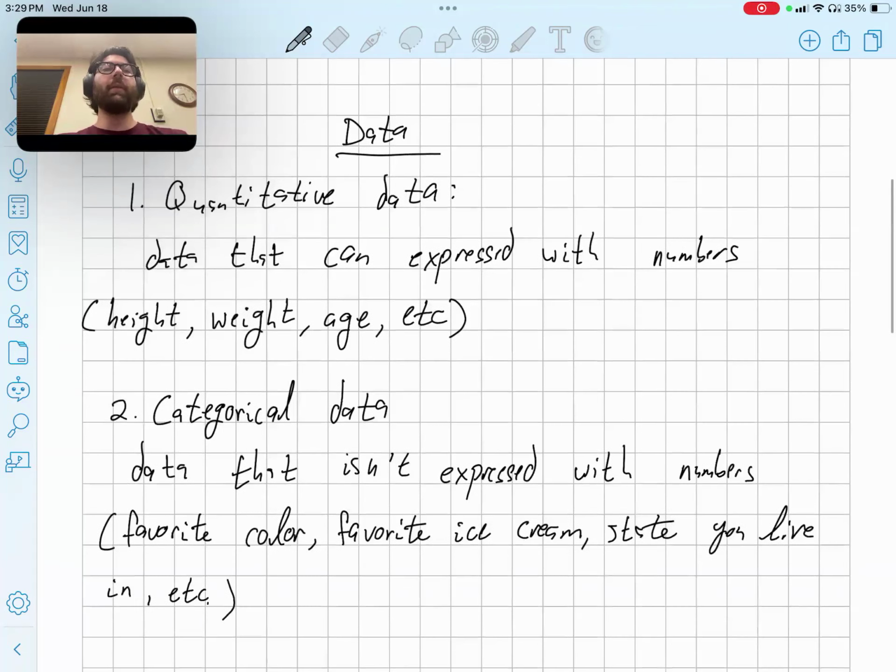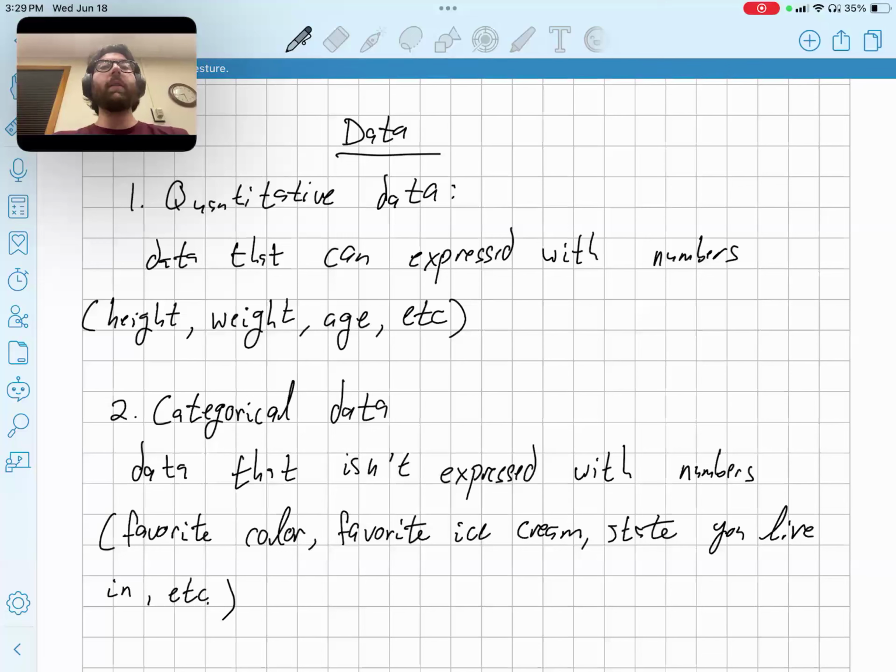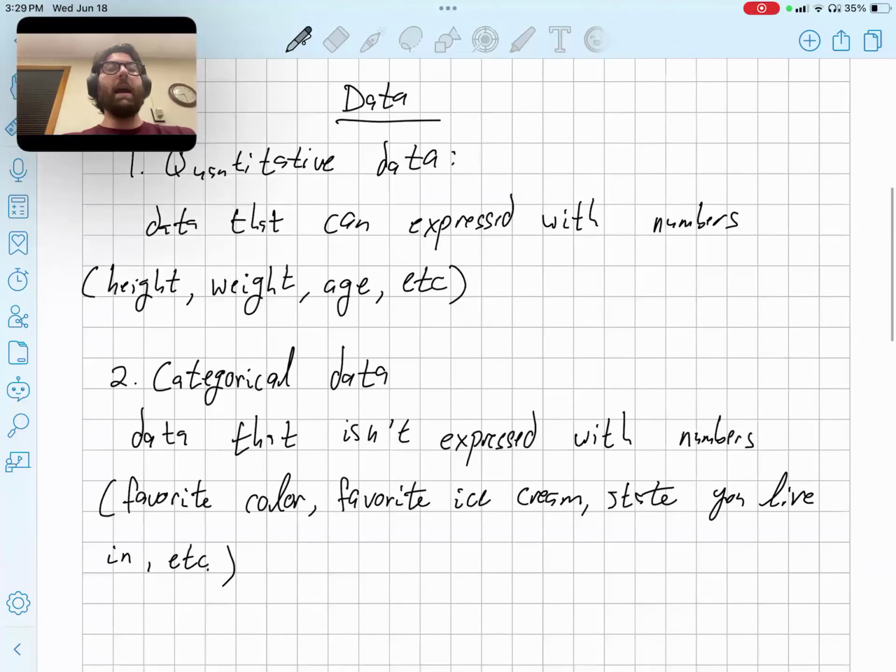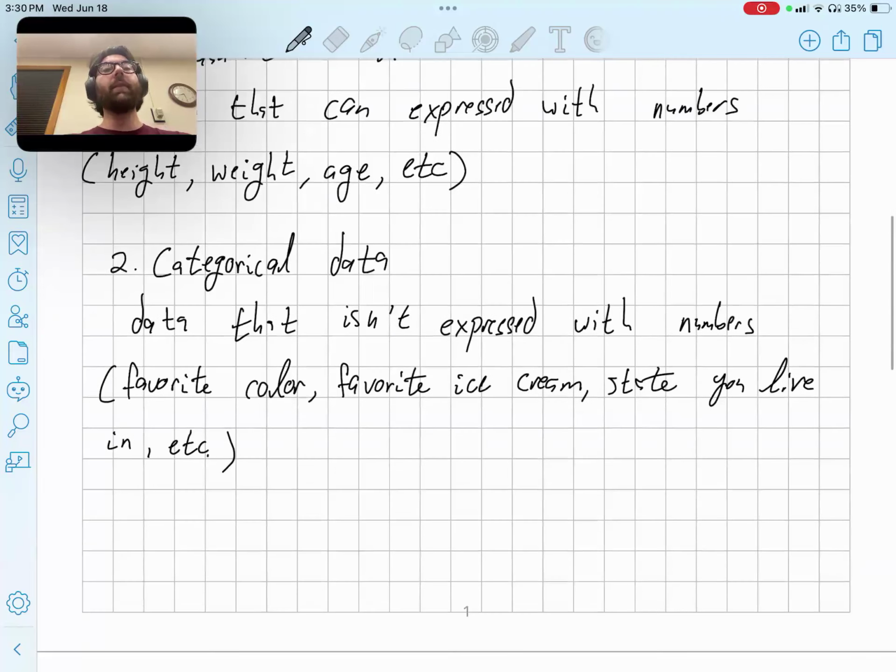The reason it's called quantitative data is because the data is given in terms of quantities. The categorical data is given in terms of categories. Oh, one category is my favorite color is red. Then there's my favorite color is blue, etc.